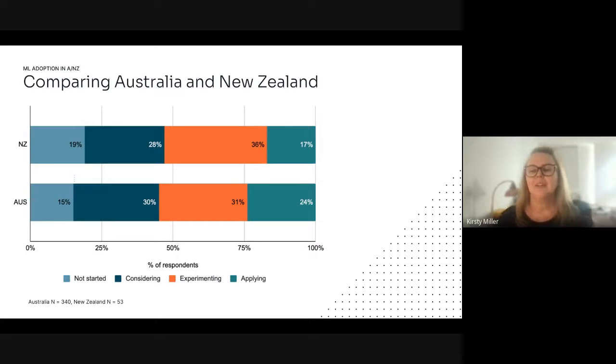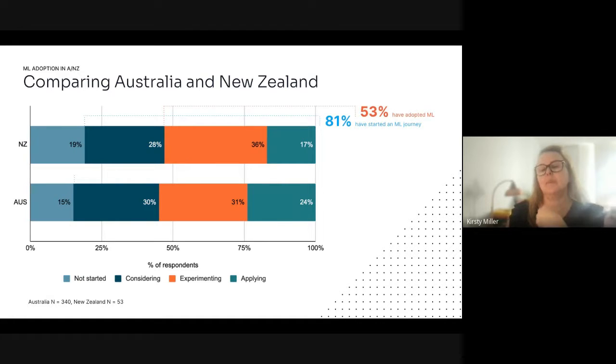Of course, as we all know, machine learning skills are scarce everywhere. We just have to read all the stories in the media. So we thought, let's take a look at the data and the actual adoption rates. If you look at these two, there are some small discrepancies, but not a massive one. In New Zealand, 81% have started their machine learning journey and 53% have adopted.